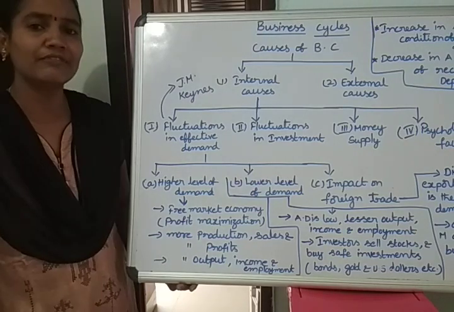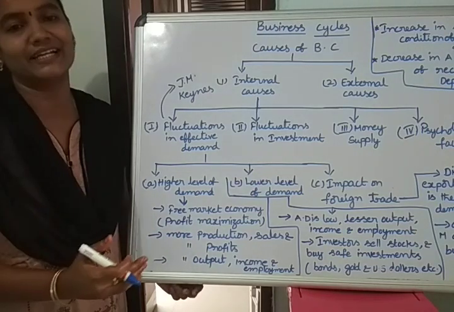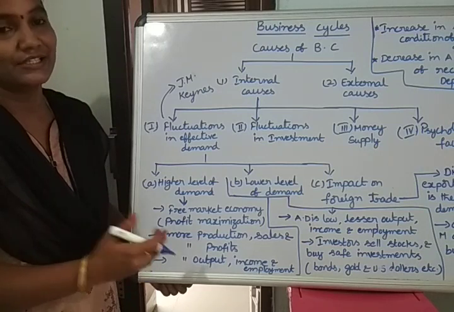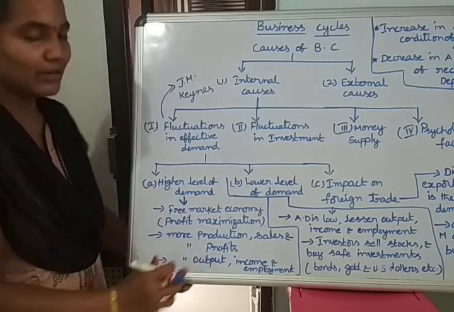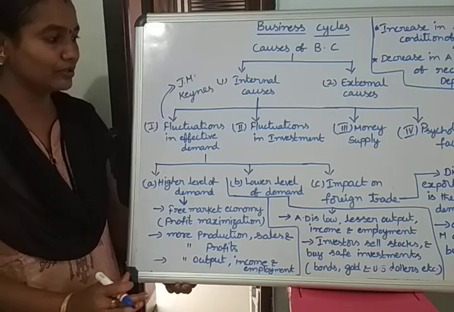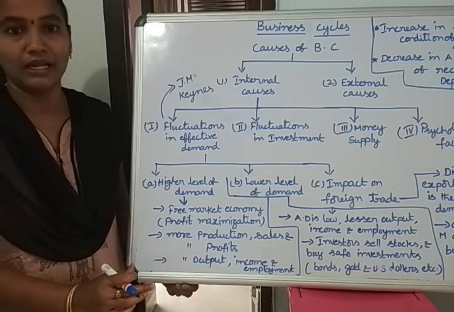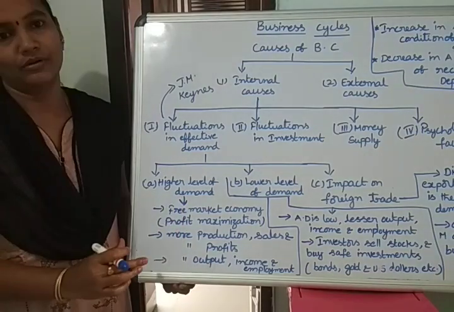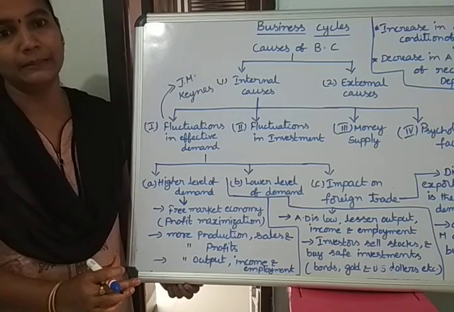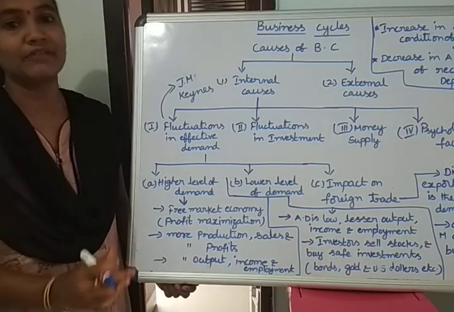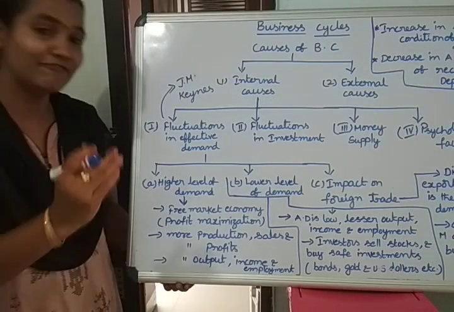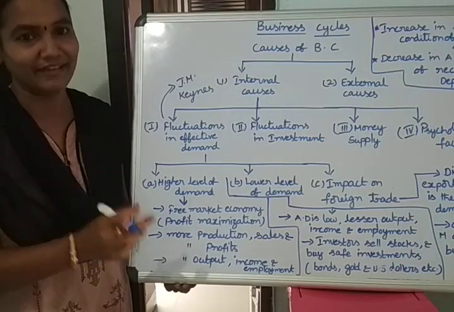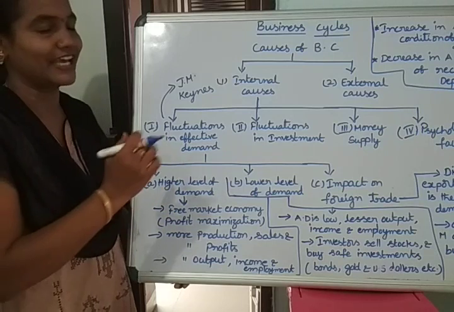How is a higher level of demand the cause of fluctuations in the business cycle? When demand is more, producers produce supply, but compared to aggregate demand, aggregate supply is less, and this leads to inflation. Inflation is also one of the causes of the business cycle.